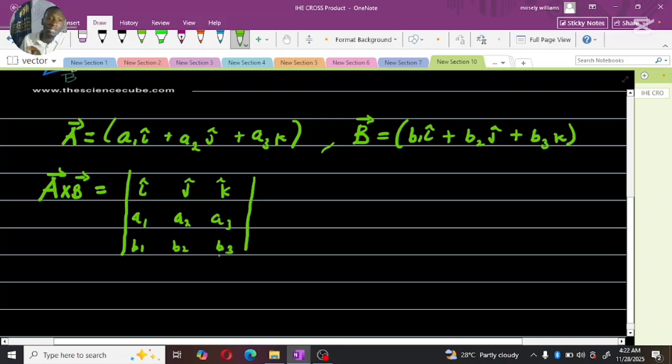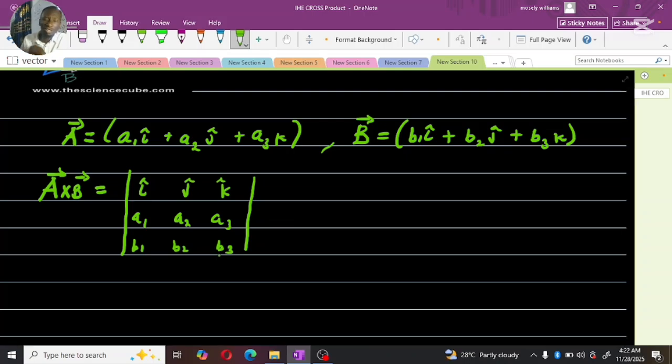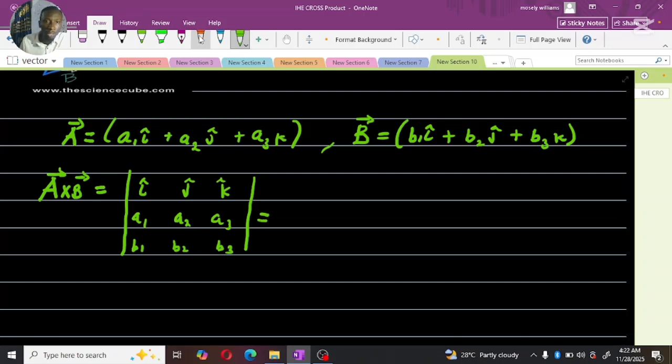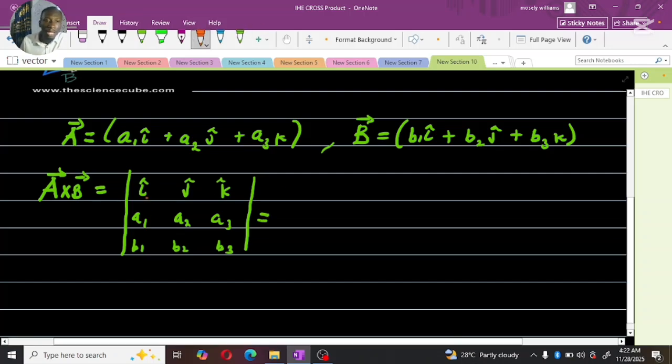If you are familiar with matrix determinants, you will not have a problem. So this will be equal to i. Now the i here can be found in the first row and first column.